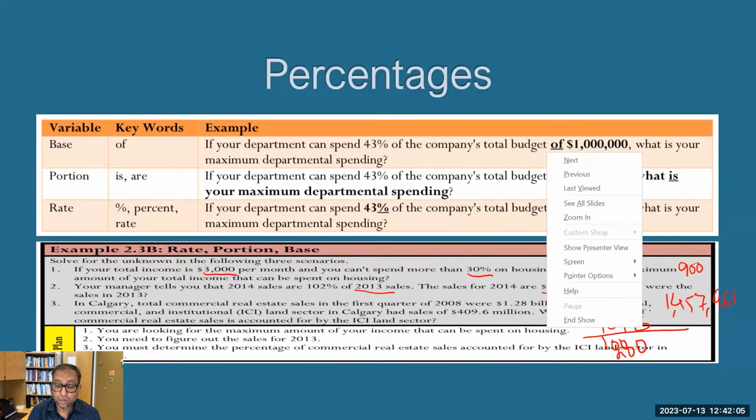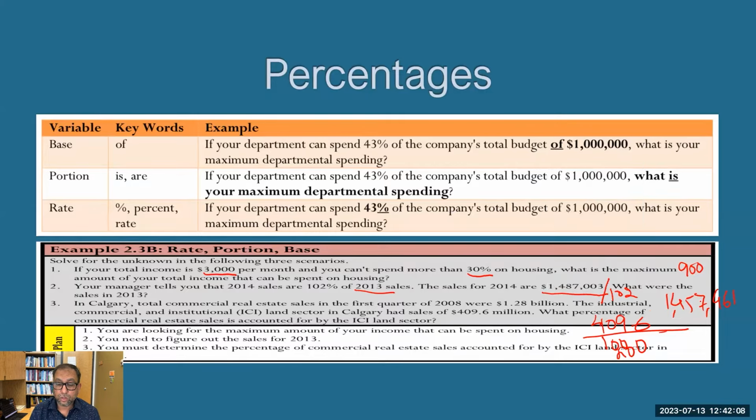So we divide 409.6 by 1280 and we get 0.32. We multiply it with 100, so we get 32%. So this is the way that we calculate the percentages.